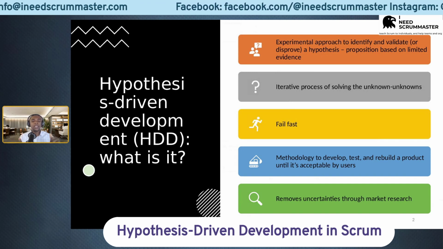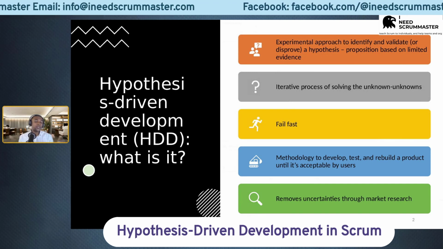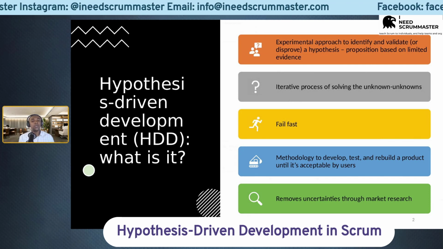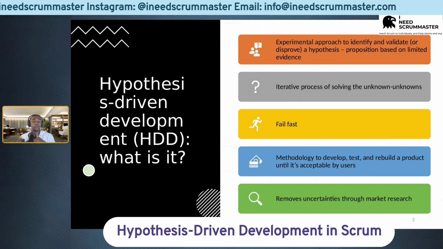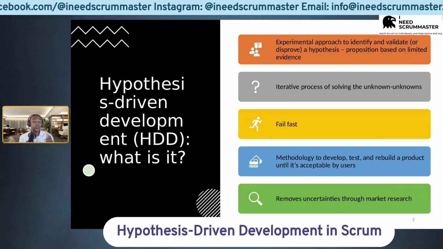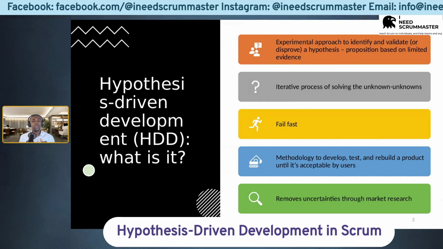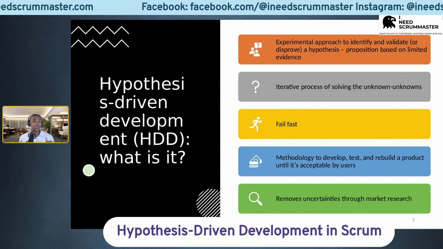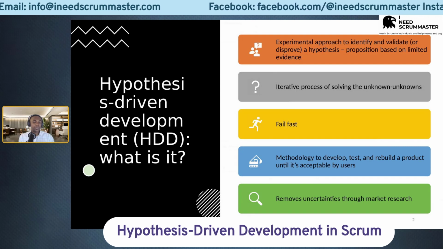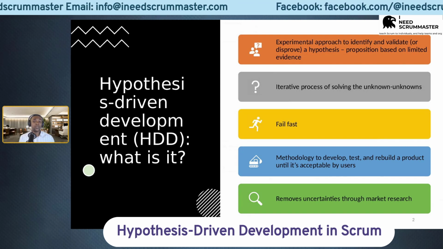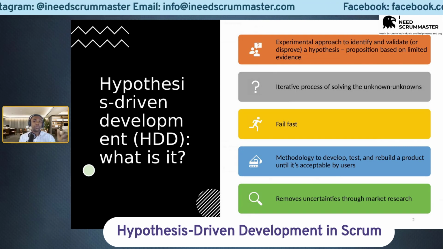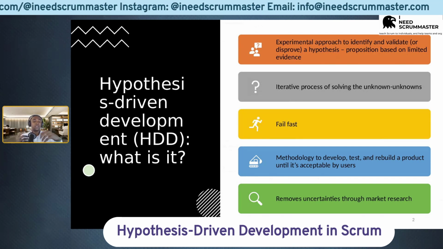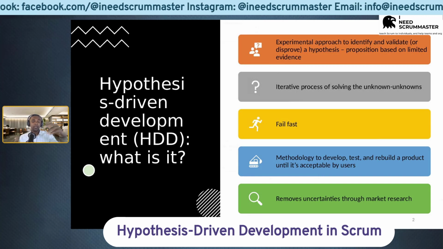You remember those days when you were in secondary school, high school, and most of the time in the science department, or if you were one of those people that were science students in college or in high school, the teacher would give you an assignment or a project to go and do research, and then come up with a solution. And then you go and do your research, you make a proposition, and then you provide that with supporting evidence, and then you are able to arrive at an outcome.